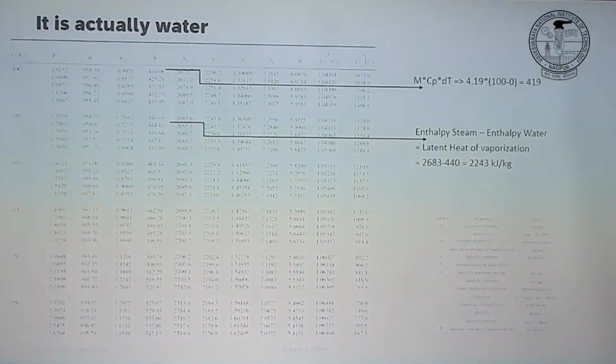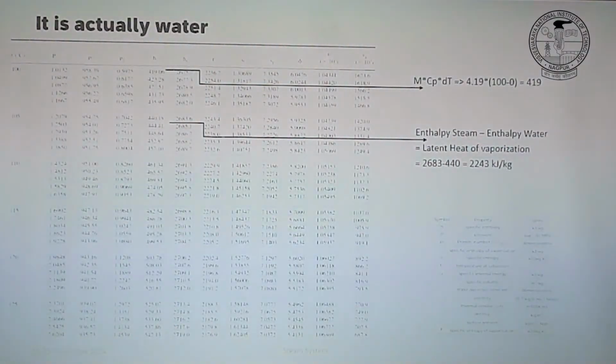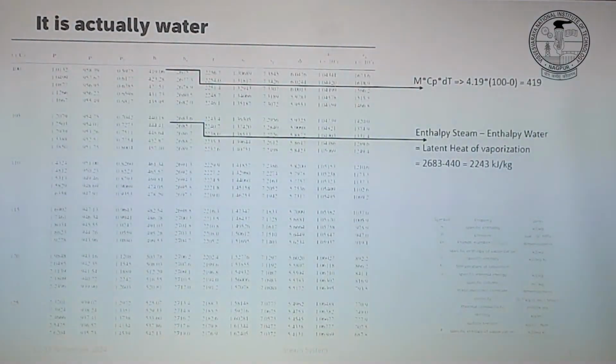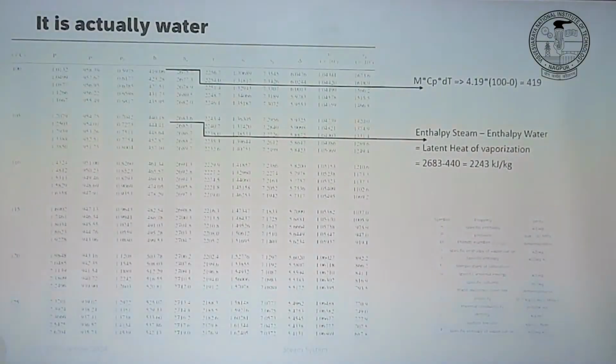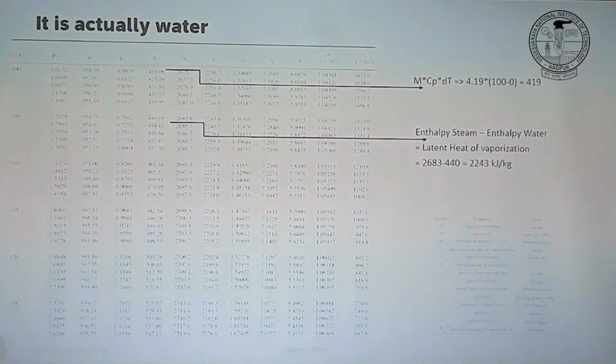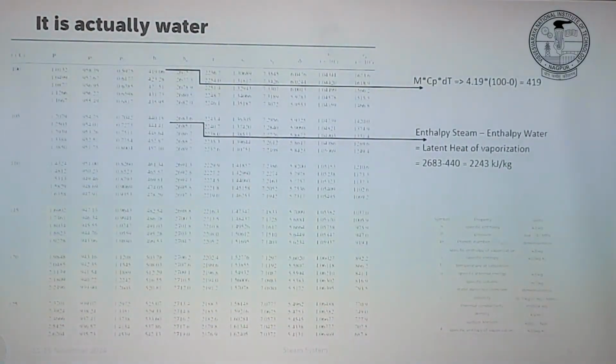That means if I need a certain duty at high temperature, the amount of steam required is more because latent heat is low. Imagine we have saturated steam at higher temperature, latent heat at this temperature is low, and suddenly you reduce the pressure. So at condition B, your latent heat is more, right?